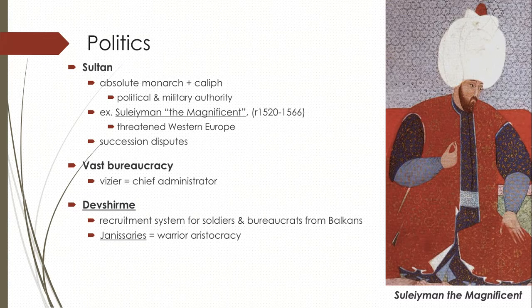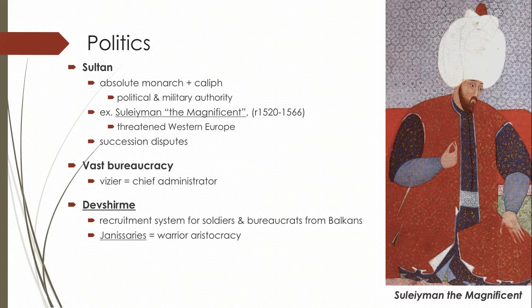And over time, through a system of oversight by the government, these boys, becoming men, would be guided towards either becoming soldiers or a warrior aristocracy known as the Janissaries.